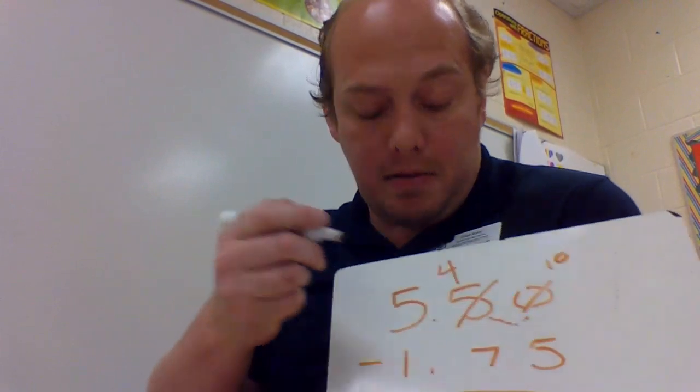Okay, so I like to go step by step. So let's go step by step. Our 10 minus 5 is first. So 10 minus 5 is what? 10 minus 5 is 5.